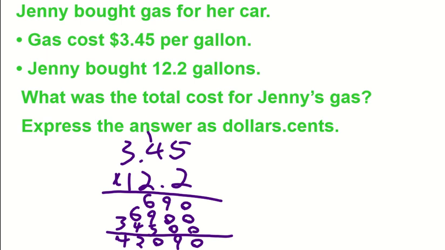So when you finally get to your answer here, we had 1, 2, 3 digits after our decimal. And since it's money, we cut off that last 0. Okay? Any questions on that?